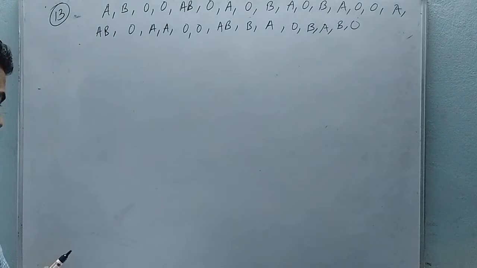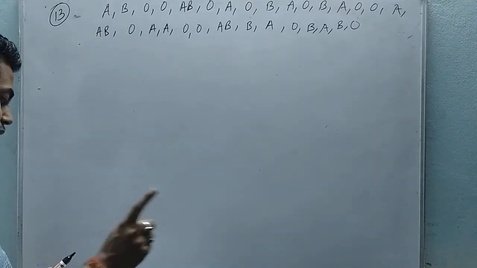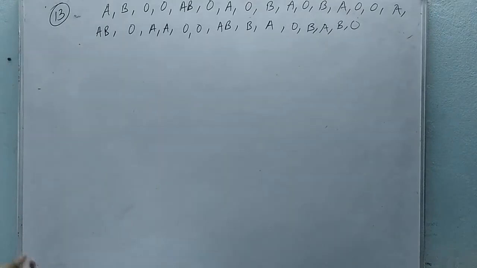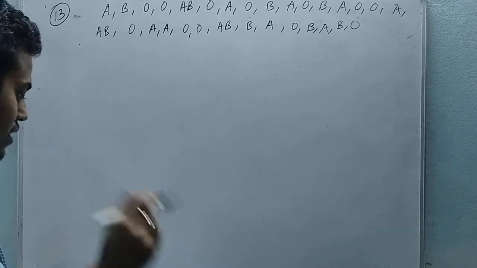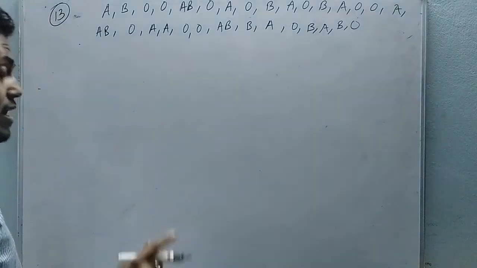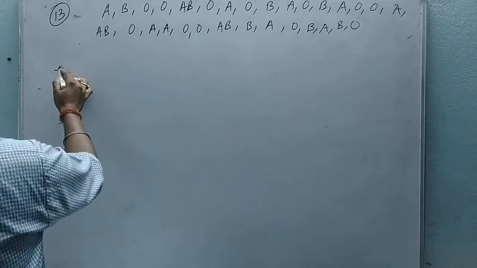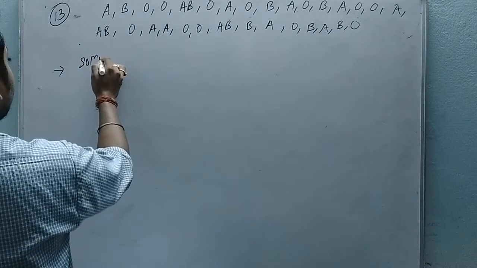It says: prepare a frequency distribution table regarding the blood groups of 30 students of a class. Use this table to determine the probability that a student of this class selected at random has blood group AB. I will do the solution here.